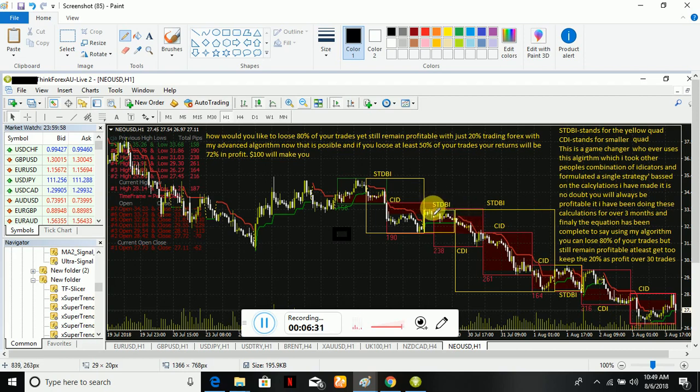Also the red boxes that you see here, your CID boxes, they also represent, okay, I see I made a lot of mistakes here. I have CDIs and CIDs, but it basically means the same thing.